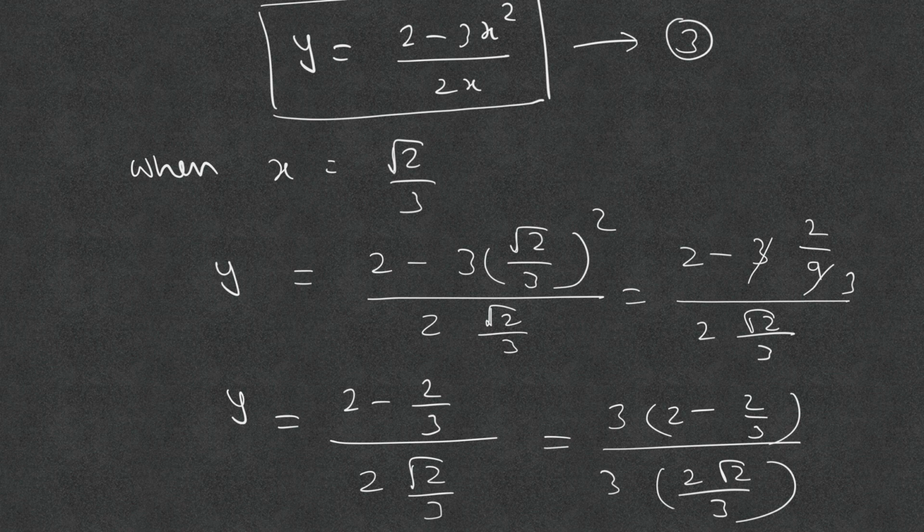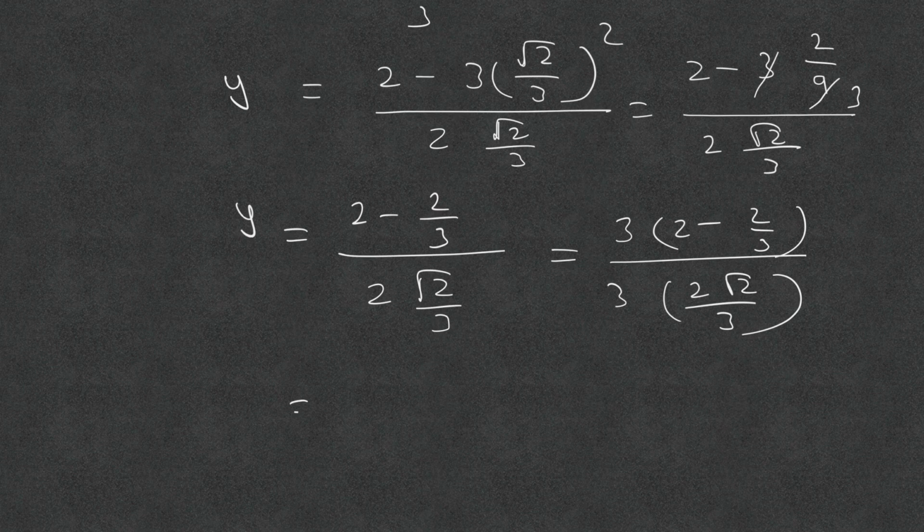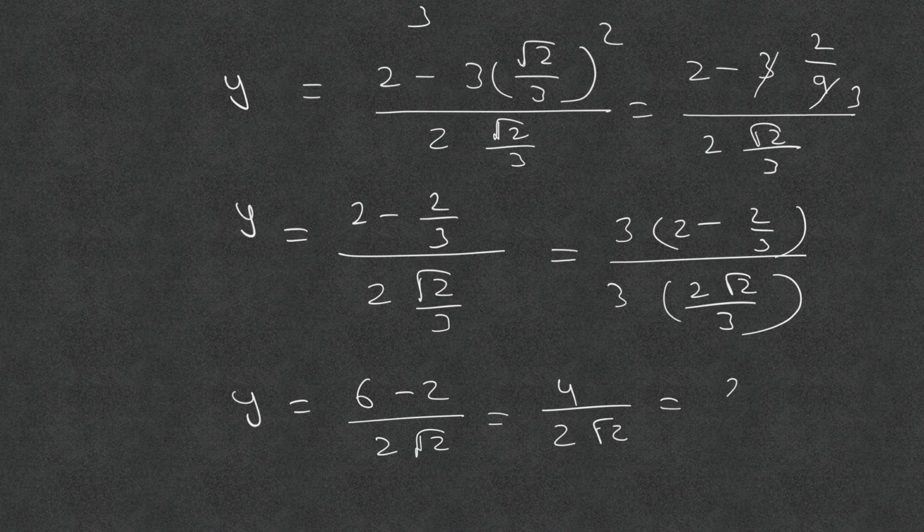And so we can further simplify this as y equals (6 minus 2) divided by 2 root 2, which is 4 over 2 root 2, which is 2 over root 2, which implies y is root 2.